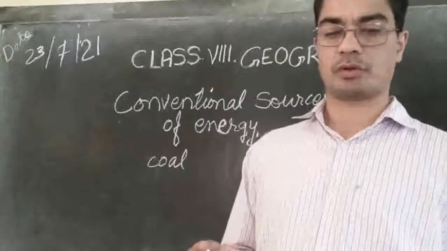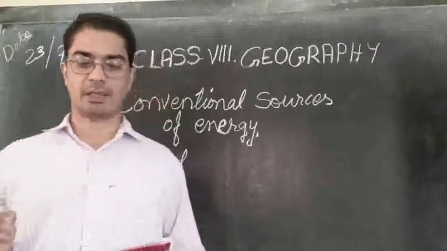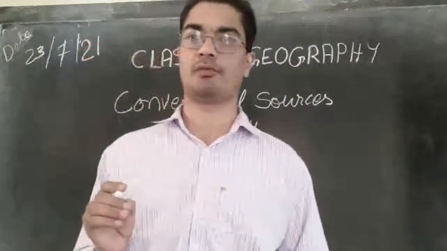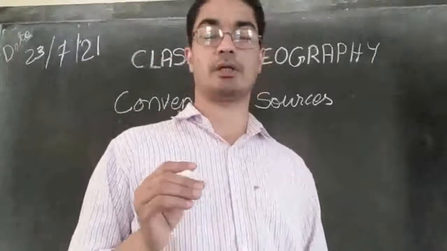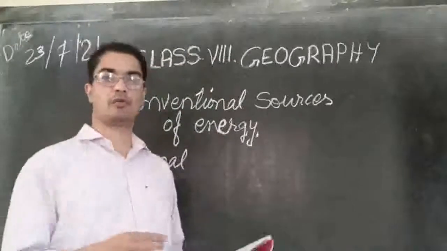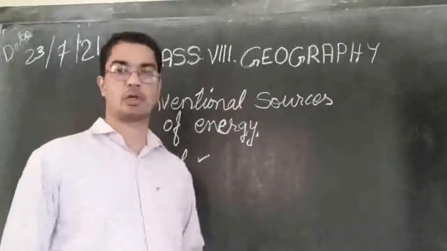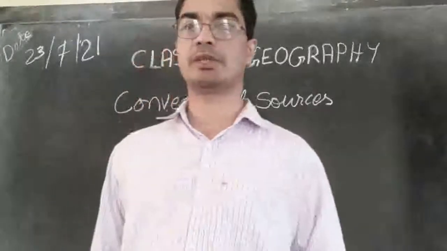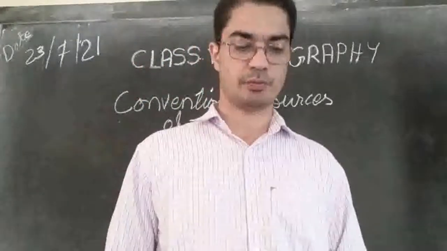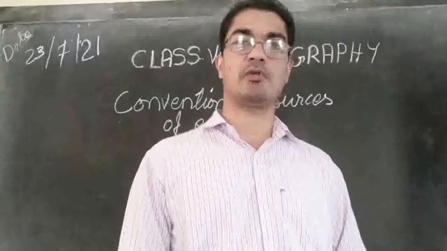And so, we can say, it is the most abundantly found fossil fuel in the earth. You can also follow in your textbook page number 31. So about fossil fuels, we can say coal is the most abundant. There are a lot of coal deposits in the earth, and it is used as a domestic fuel.